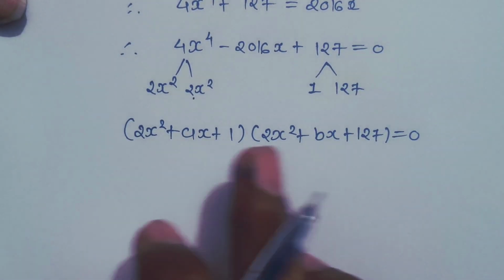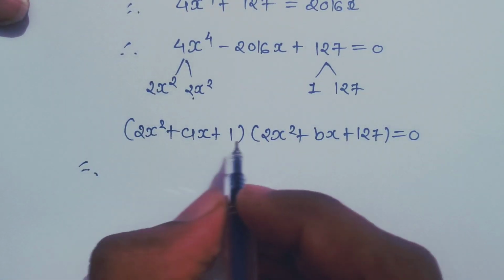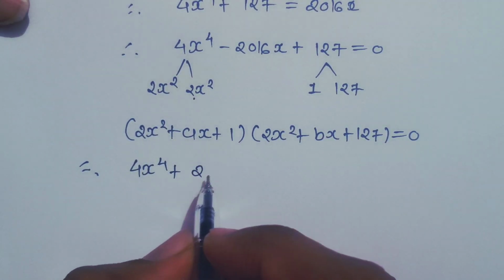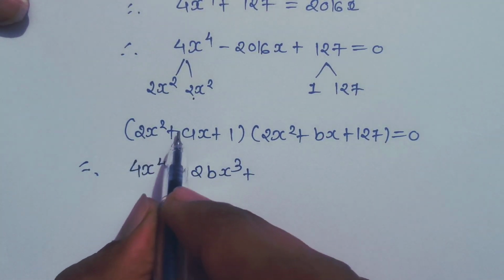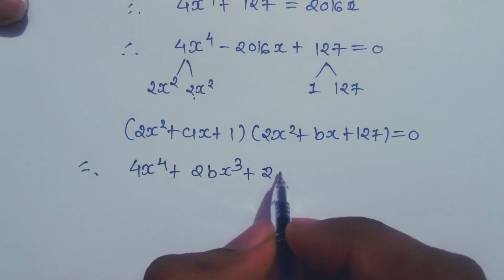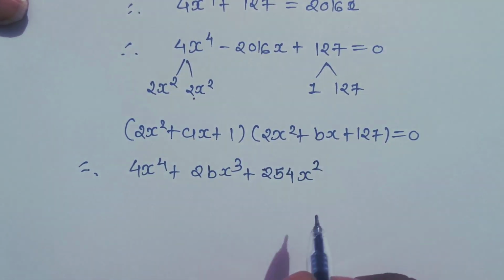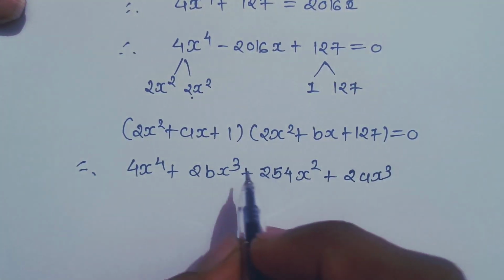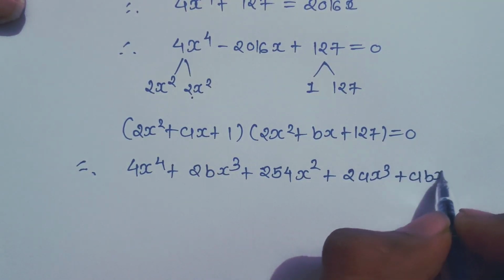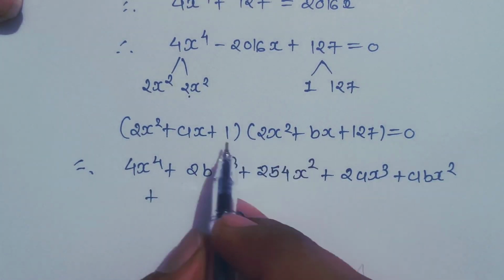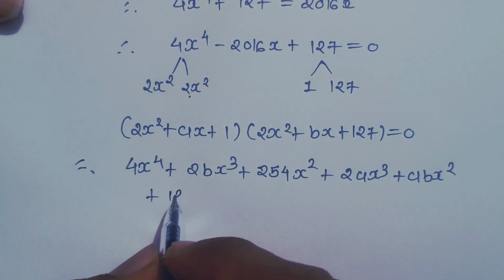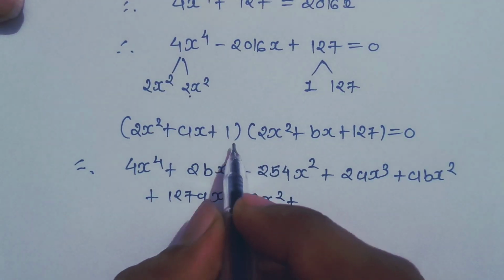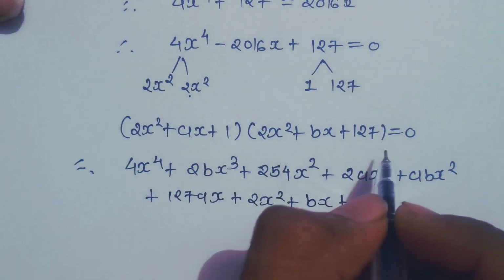First simplify this bracket. 2x square into 2x square means 4x raised to 4, plus 2x square into bx means 2bx cube, plus 2x square into 127 means 254x square, plus ax into 2x square means 2ax cube, ax into bx means abx square, plus ax into 127 means 127ax, plus 1 into 2x square means 2x square, plus 1 into bx means bx, plus 1 into 127 means 127, equal to 0.